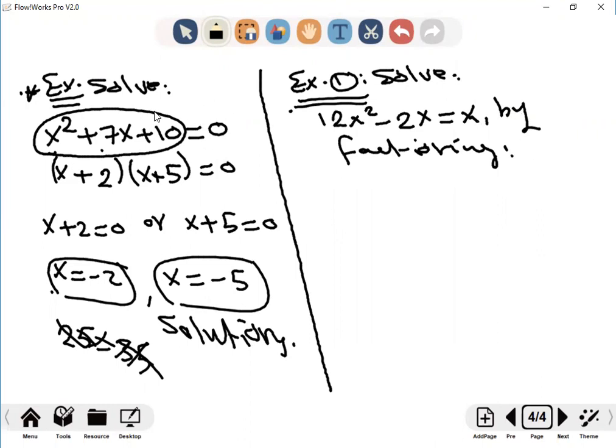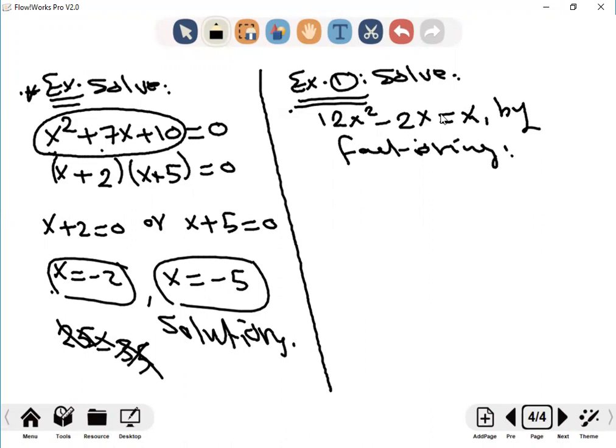Now, the quadratic equation. To solve the quadratic equation, one of the sides should be what? 0. One side always should be 0. But here, this x is not 0, so I need to shift this x to make this side 0. So keep the 0 always on the right side.